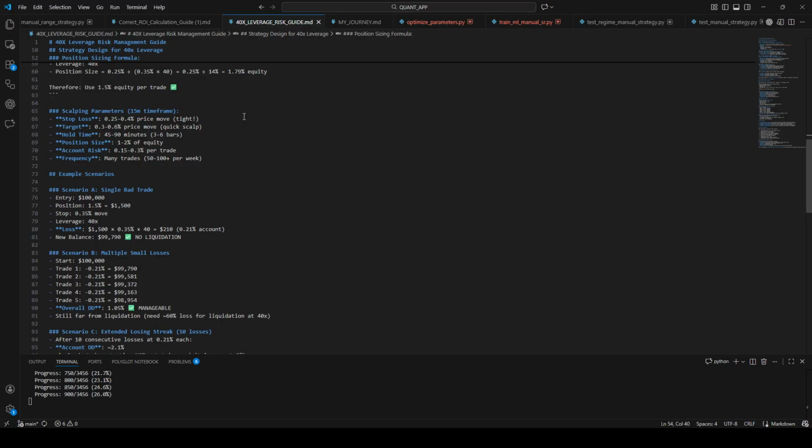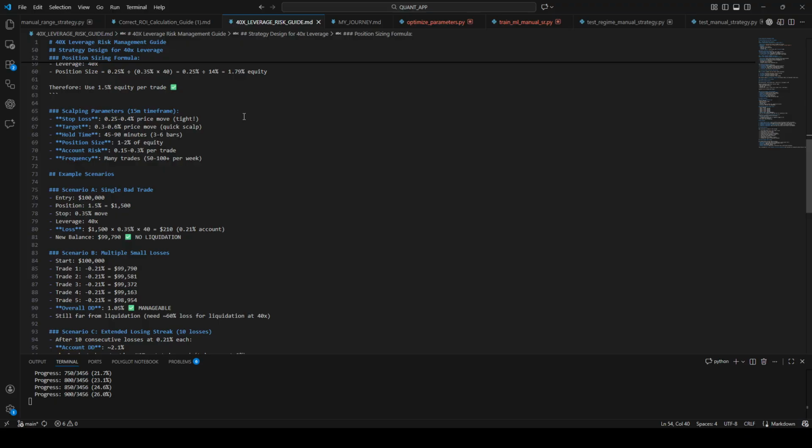So, scalp parameters. It's one of the strategies I've been testing out on the 15-minute time frame. Stop loss 0.25 to 0.4 price move, tight; target 0.3 to 0.6. You have to multiply by 40, or by the leverage you use, to really know the price move in percentages that you see on the exchange.